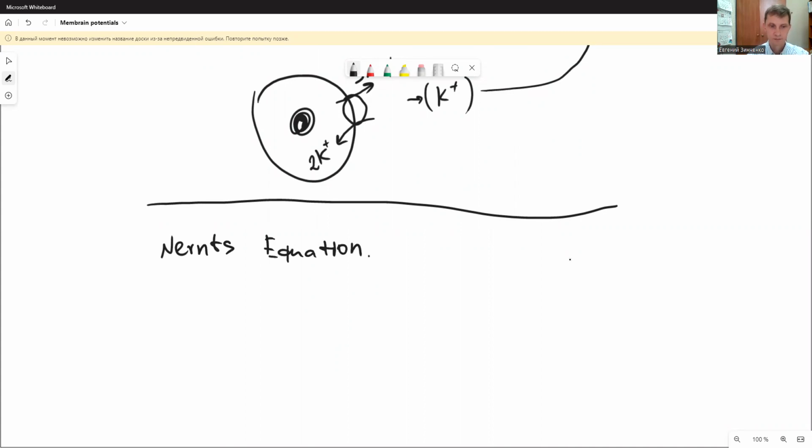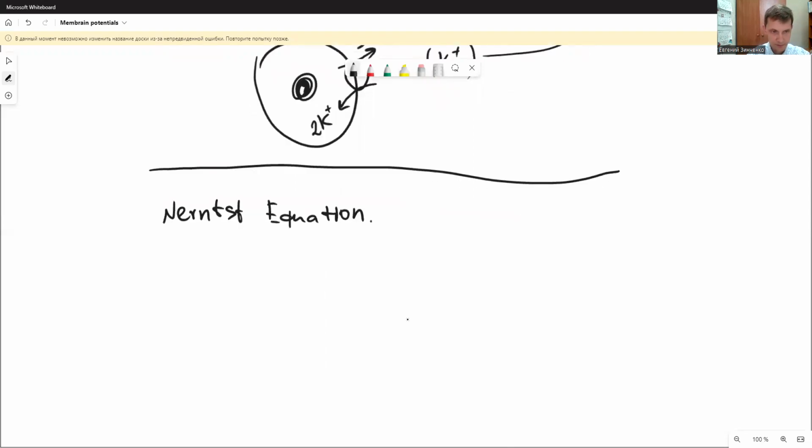The Nernst equation allows us to calculate the equilibrium potential for a particular ion. As we know, the most important for making the equilibrium for RMP is K plus ion.